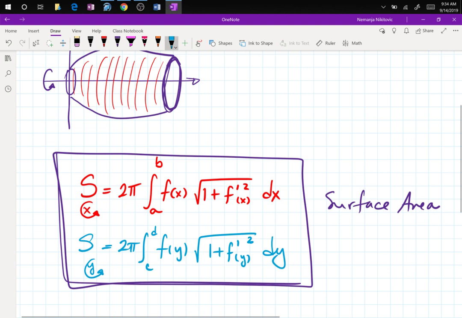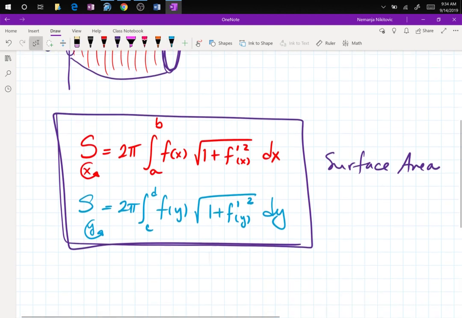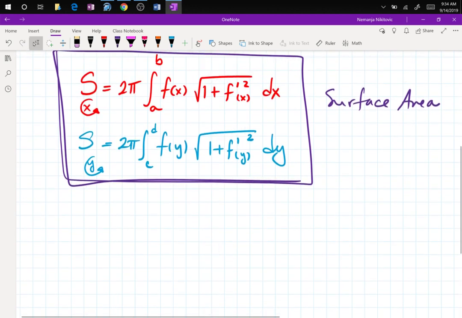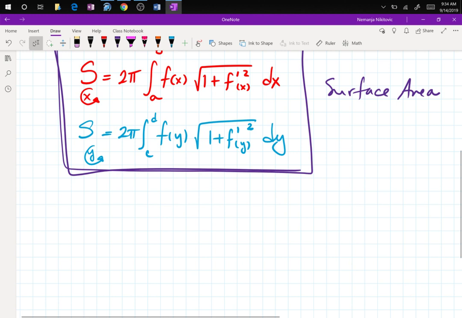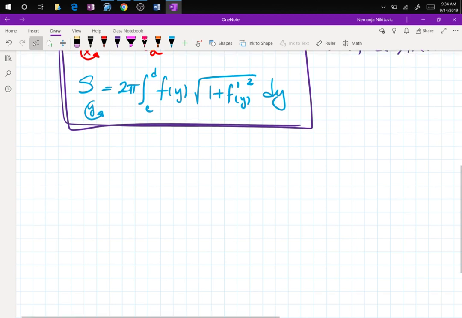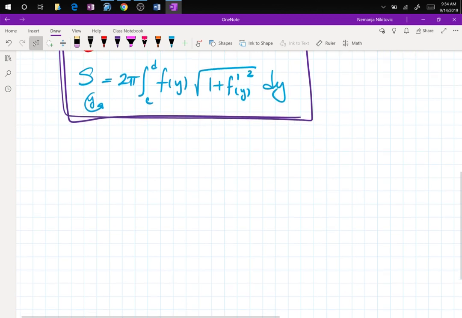So let's take a look at the simplest example here, a cone. I'm going to rotate a line segment on the y-axis to make up a cone, and we will use the blue formula because it rotates on y.